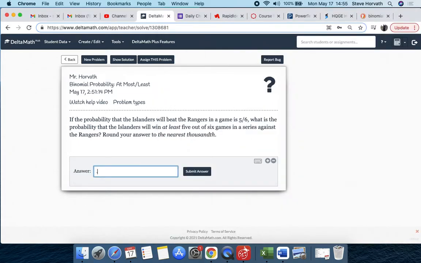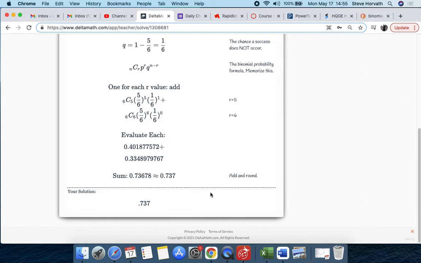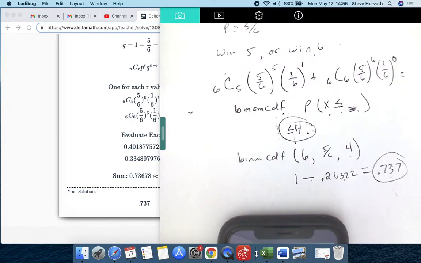We put in 0.737 rounded to the nearest thousandth, and it's the same thing. So you have to be careful with binomial CDF because it has to be in terms of less than or equal to for this function to be correct. And we'll do some examples in class, of course, on Zoom.